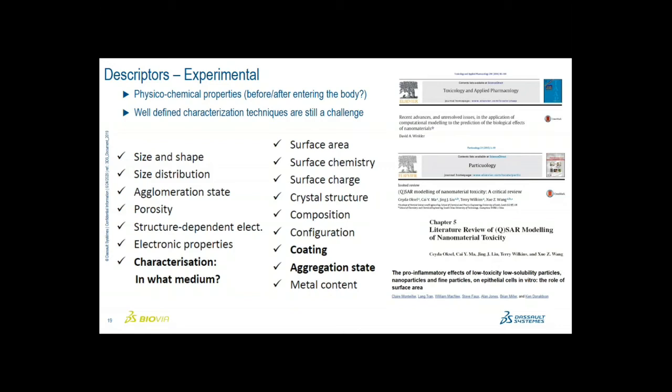As I mentioned before, the precise characterization of some of those physical properties is also a challenge. So we've used here mostly what was given in the bill of materials I mentioned before: the size and shape, some sort of purities, functionalization, but I didn't have data on PSD or crystal structures and coating and things like that.